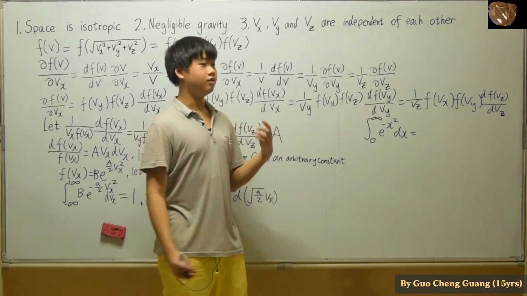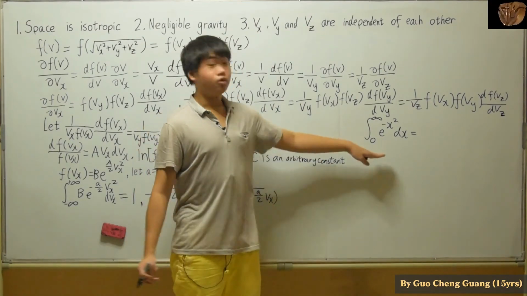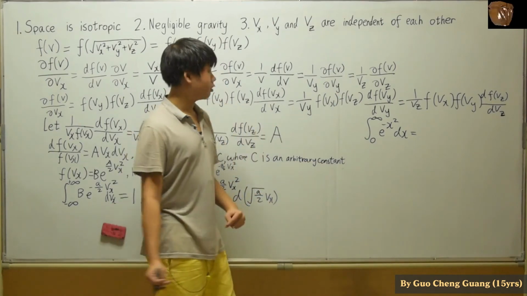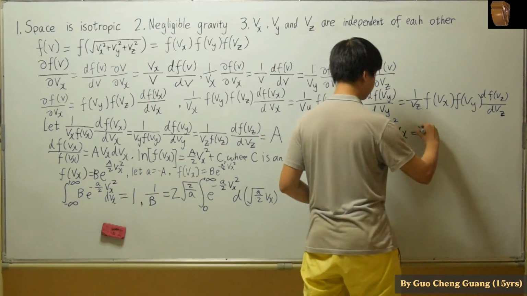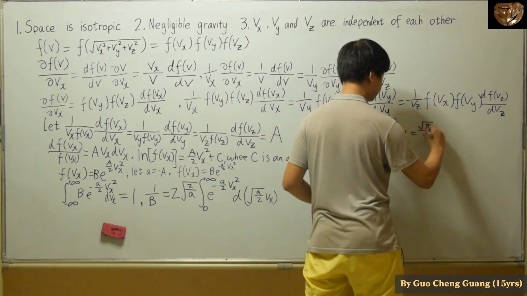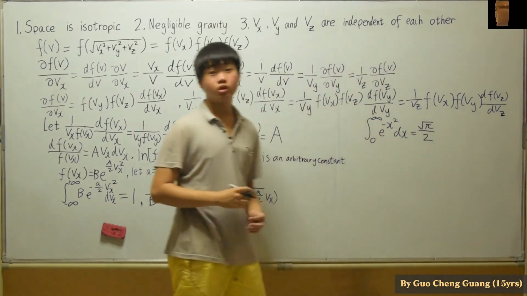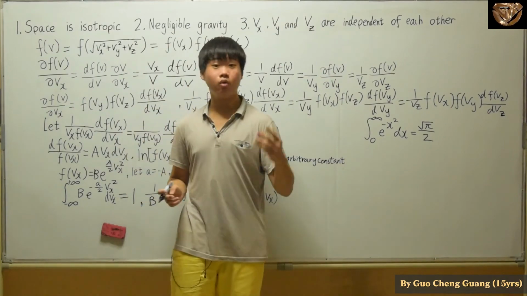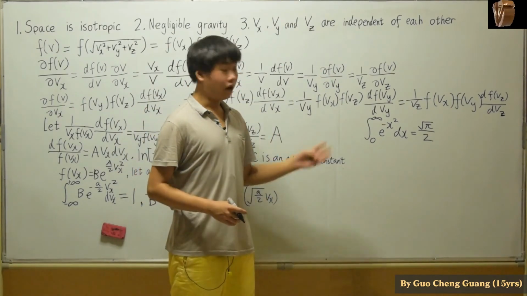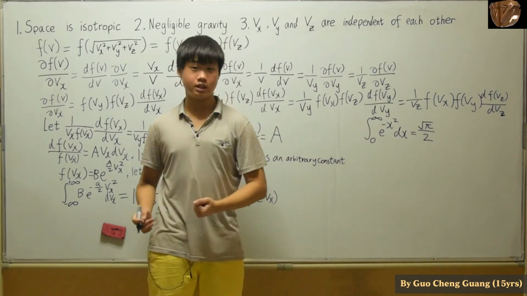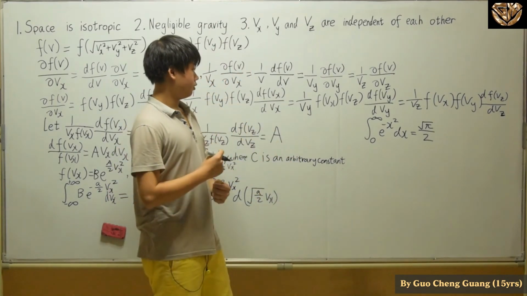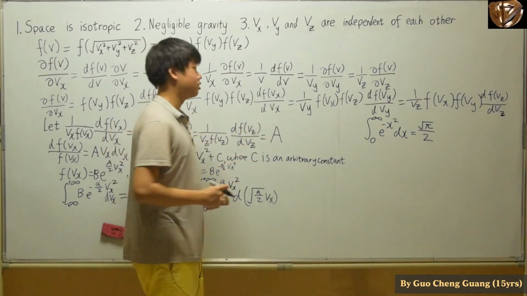For example, we have the double integration of how to solve this question. Alright, so the result of this is actually square root pi over 2. You can go back to previous videos to find out why this is square root pi over 2, and how on earth you are going to get square root pi over 2 if it's actually infinity. Those questions you can find in previous videos.